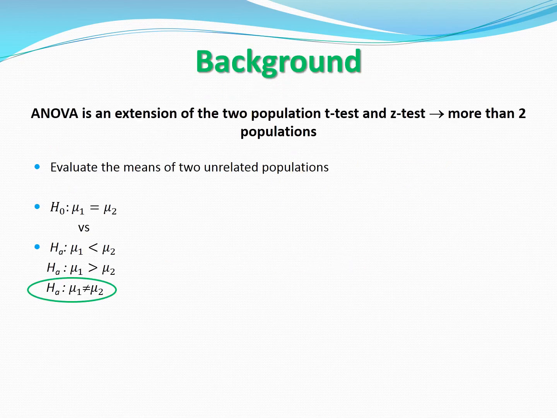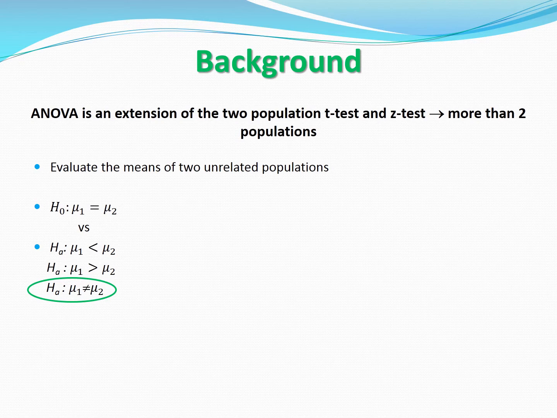If we look at the background of ANOVA, it's simply an extension of the two population t-test and z-test that we did in chapter 11, but now we are going to test 3 or more population means with each other. If we just go back to chapter 11 quickly, where we tested 2 population means, the null hypothesis and the alternative hypothesis were specified in a specific way.